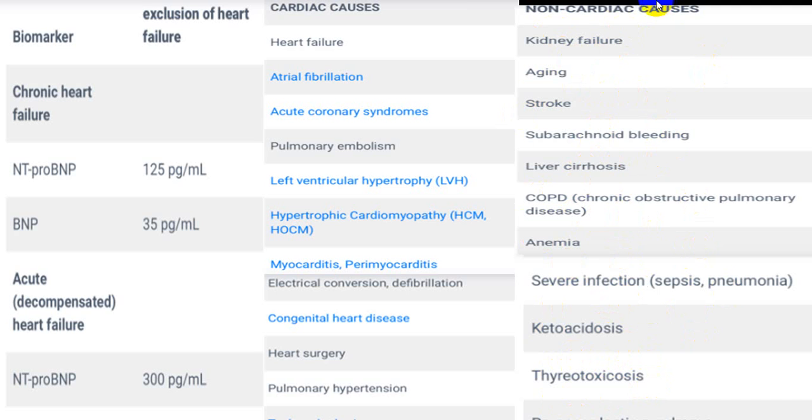So in some non-cardiac conditions also BNP will be elevated.